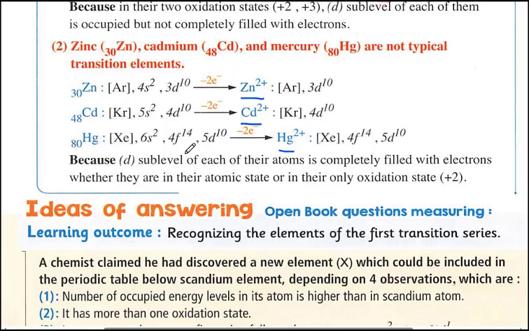In the atomic state, zinc 30, cadmium 48, and mercury 80 contain a completely filled d sublevel, and in their only oxidation state, +2, the d sublevel is also completely filled. So in this case, zinc, cadmium, and mercury are not considered typical main transition elements.